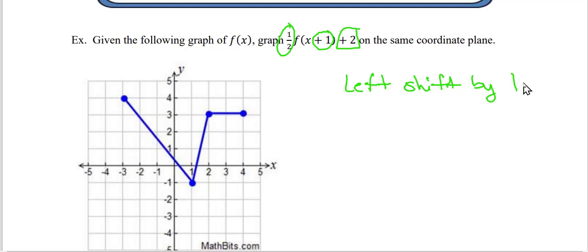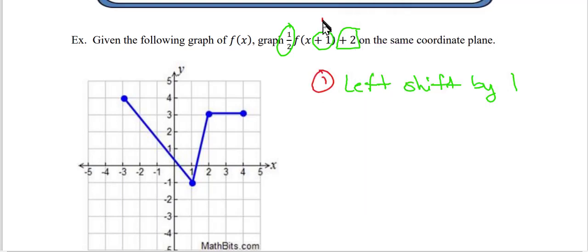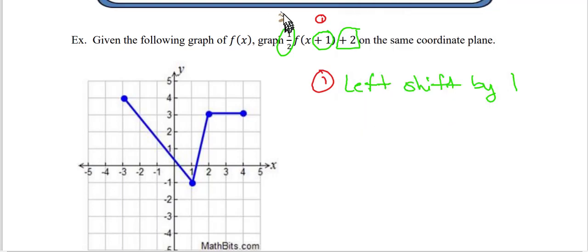Next thing we would do, I'm going to call this step 1. This is 1. Next thing we would do would be this guy. So step 2 here is a vertical shrink by 1/2.